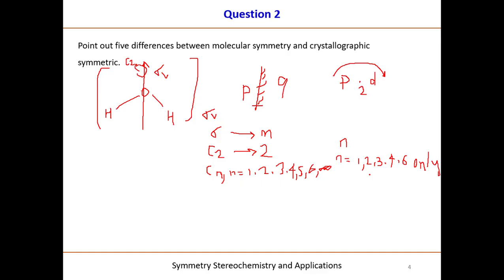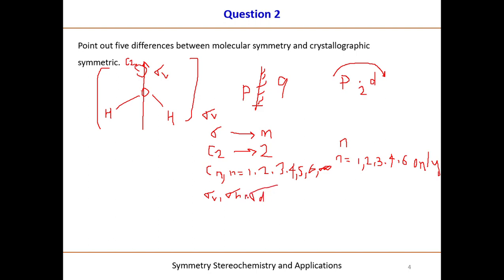Now let's talk about the other differences. The other difference is that in molecular symmetry we have sigma V, sigma H, sigma D, right? Dihedral plane, correct?